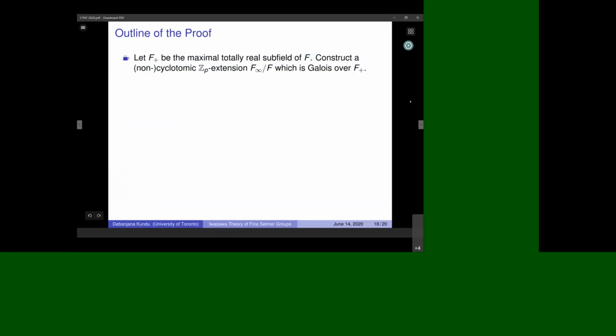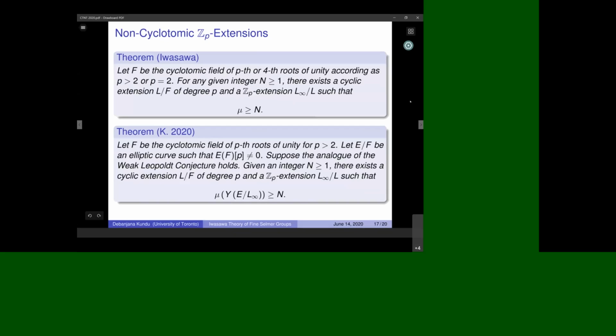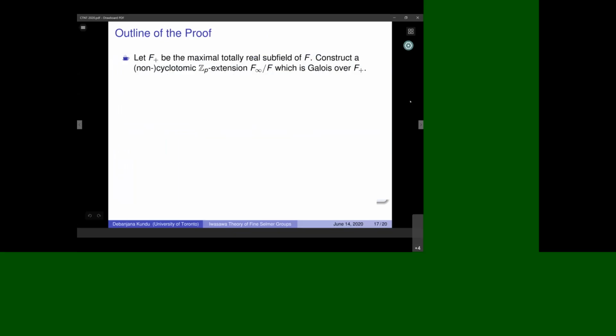So very quickly, I'll outline the proof. Let F be a field, which I've said doesn't have to be the cyclotomic field of p-th roots of unity. You can basically take any CM field, but it's easier to state it this way.